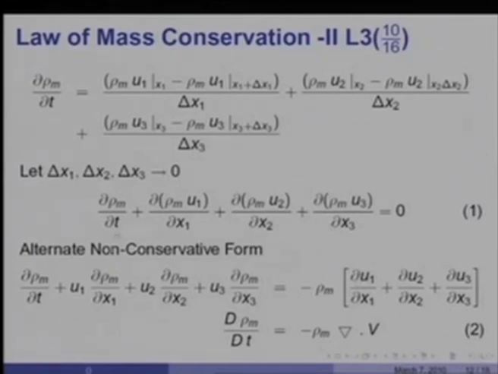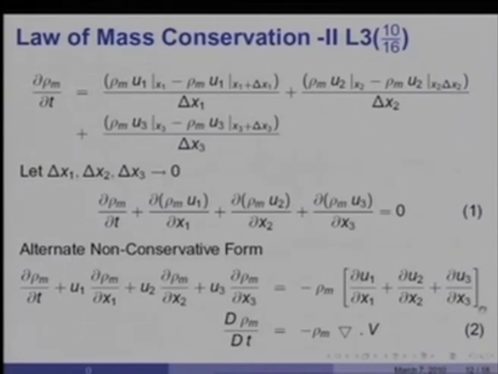So, you will see I will get d rho m by dt plus u1 d rho m by dx1 plus u2 d rho m by dx2 plus u3 d rho m by dx3 equal to minus rho m into du1 by dx1, du2 by dx2, du3 by dx3.